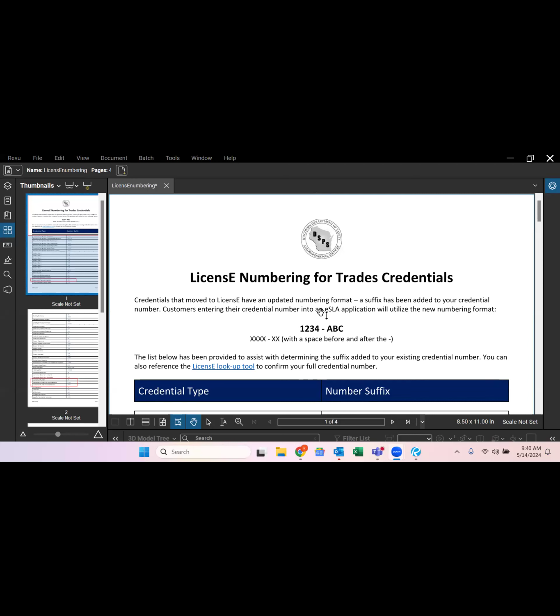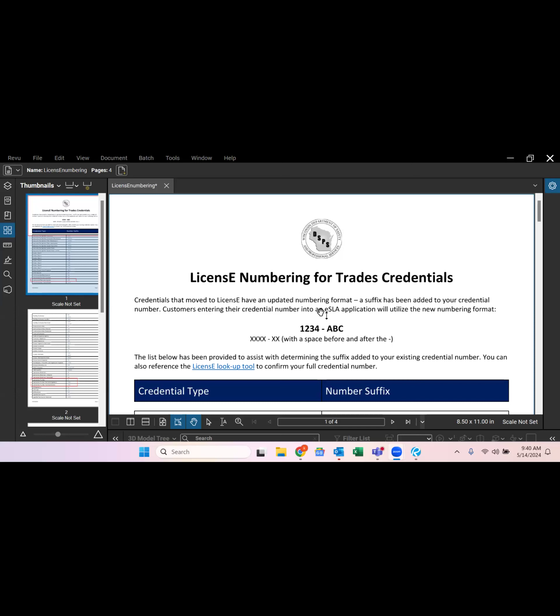But I thought, since we have the opportunity to talk to about 100 credential holders, there's no time like the present to talk through some of the changes that were made with trades credentialing. What I'm specifically talking about right now is the license numbering. This doesn't really matter in the grand scheme of things, but it does matter for looking up your credential status and looking up the credential status of other credential holders.